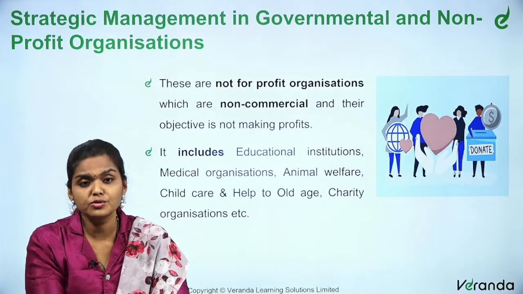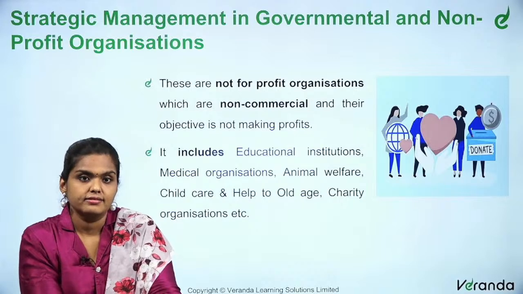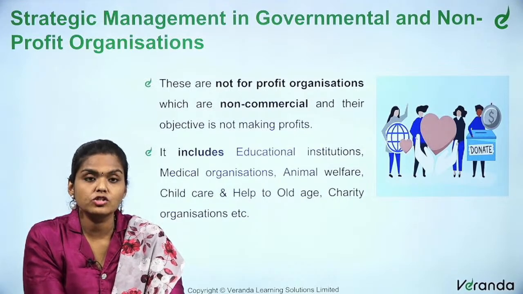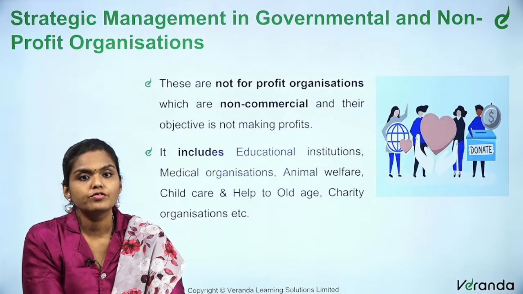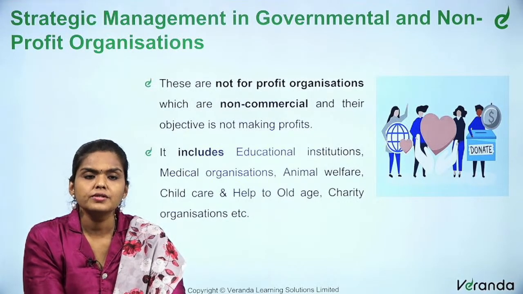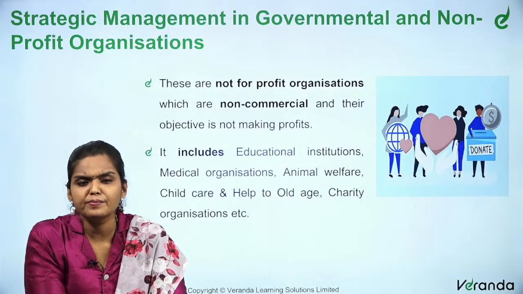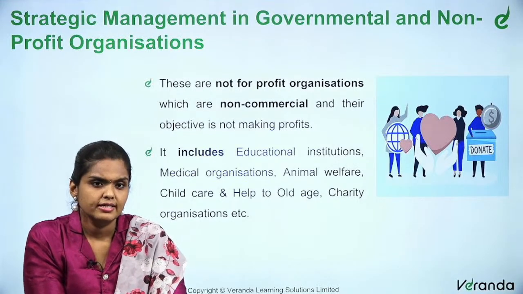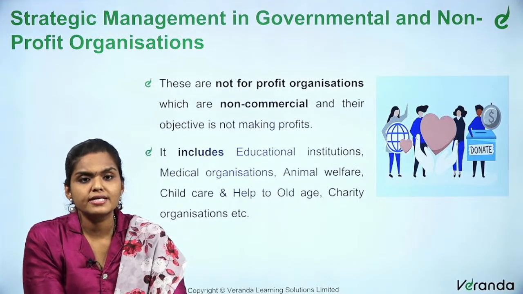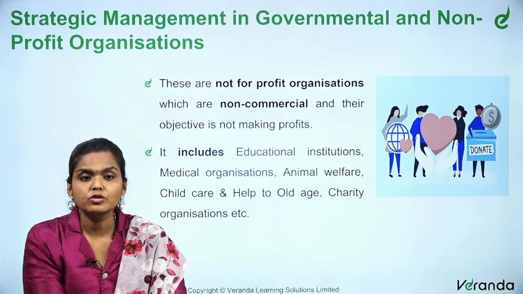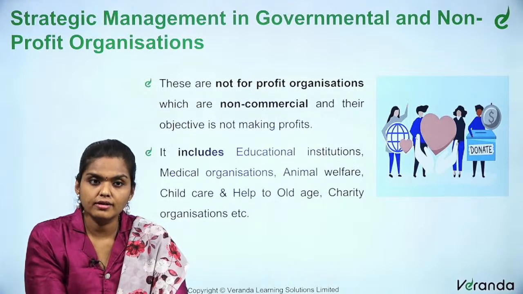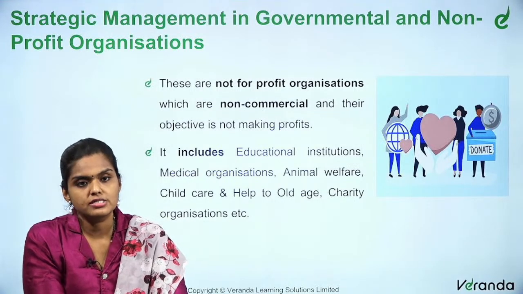That is not the new understanding about it. Strategic management is also very much applicable for a non-profit organization. What is a non-profit organization? Not for merely making profits. Yes, their motive is basically non-commercial. Non-commercial as in I don't exist only for making profit, but for some social cause.